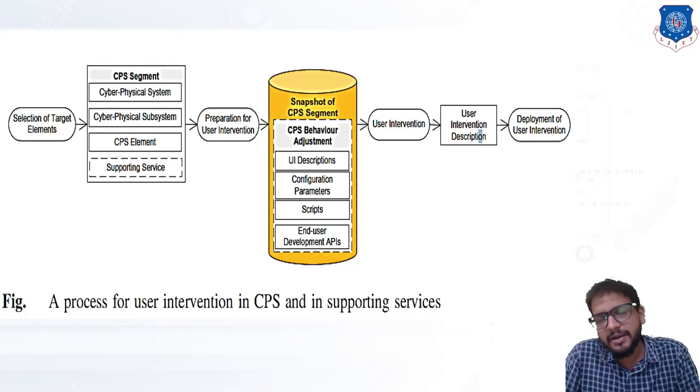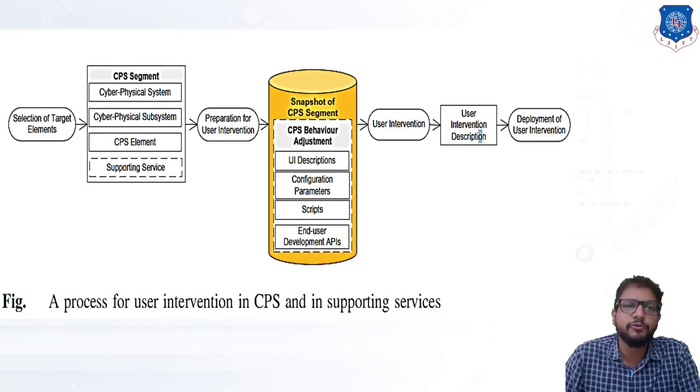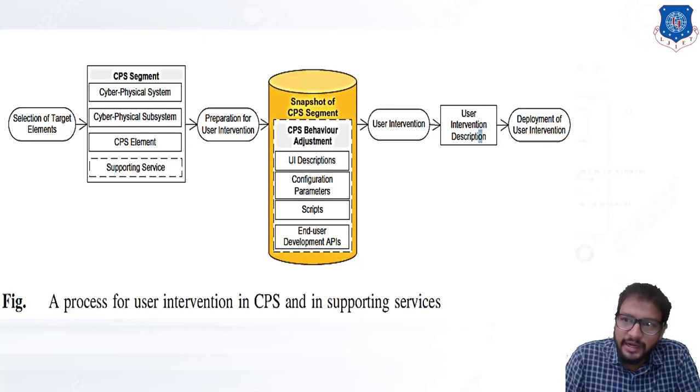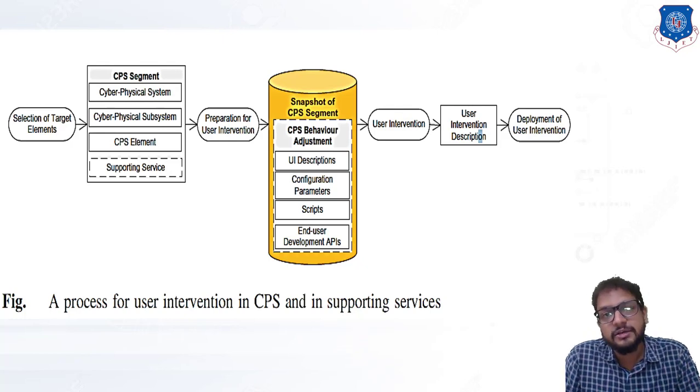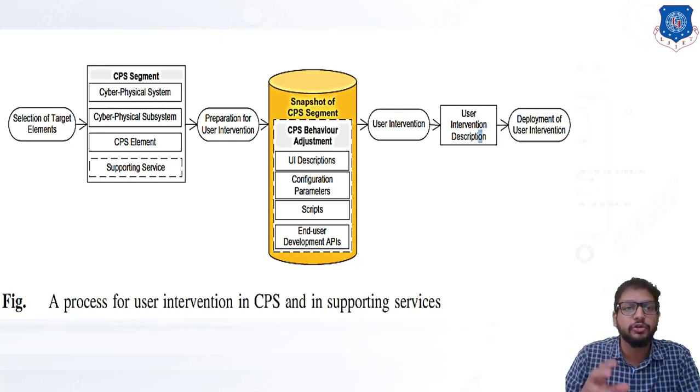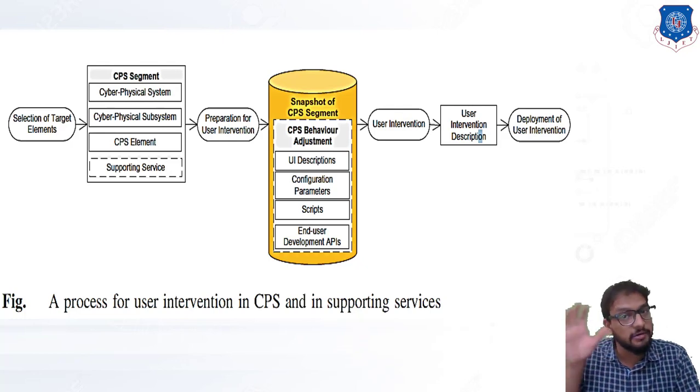The CPS segment defines the target for a user intervention. That is, for a human action, it defines the target: which part of a CPS or which elements require human action or human involvement. So that is our first task, the selection of target elements.